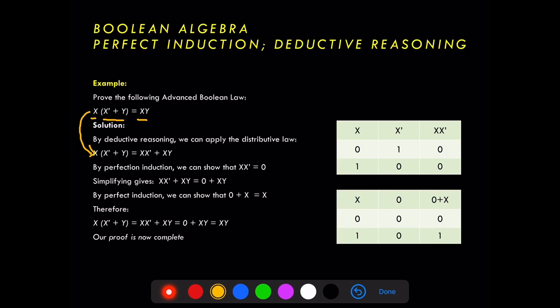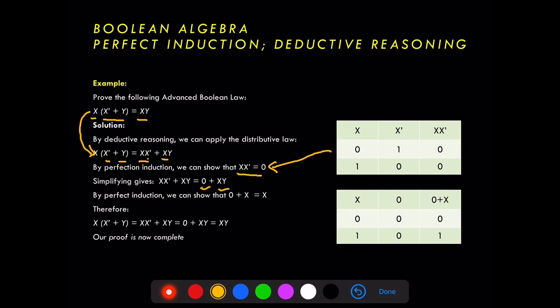X times quantity x naught or y just gives us x and x naught, or x and y. By perfect induction, shown in the truth table on the top, we can prove that x and the complement of x is always equal to 0, which allows us to simplify this term and get 0 or xy.